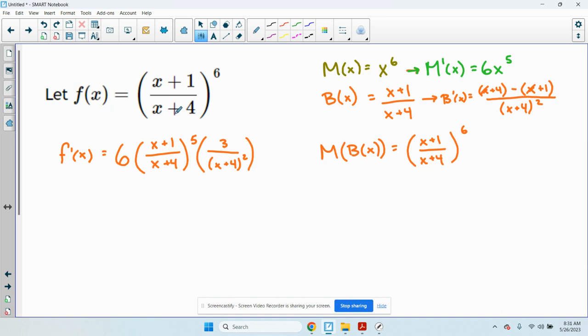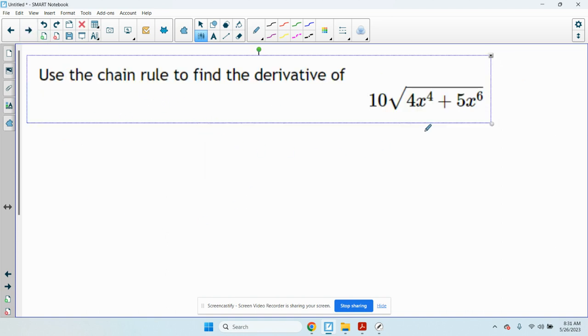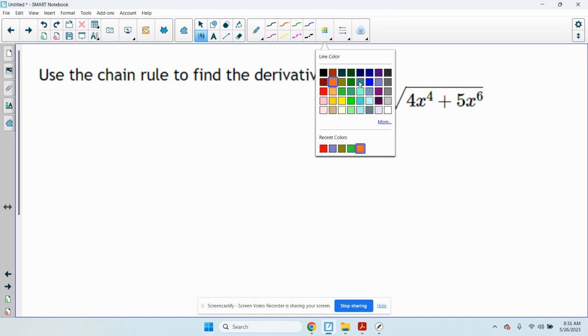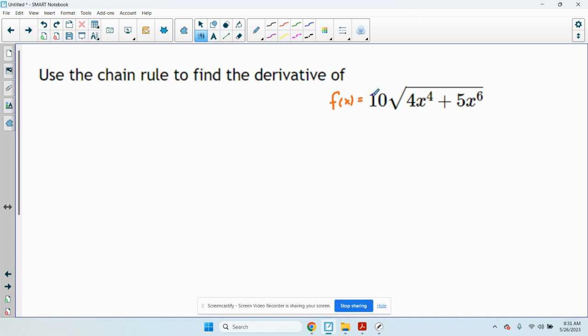Okay, I'm going to show you a different example right now of another chain rule problem. So here, same idea. I'm going to call this f of x. I have a nested function. The outer function is this thing, 10 times the square root. That's the mom function, the outer function. So I'll call that m of x.